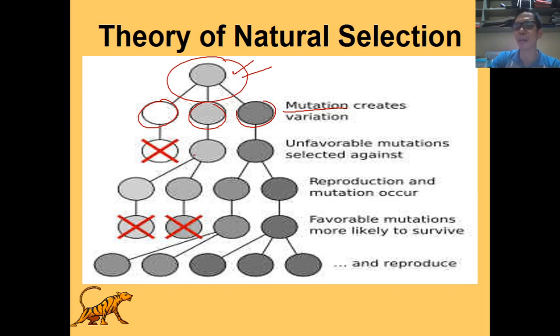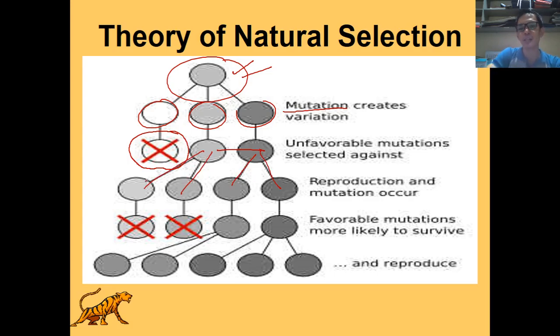And the other one, because of this variation, unfavorable conditions in the environment will select those organisms which are not capable of adapting to it. So those organisms that cannot adapt to the environment will die. And those who survive that unfavorable condition will tend to reproduce.